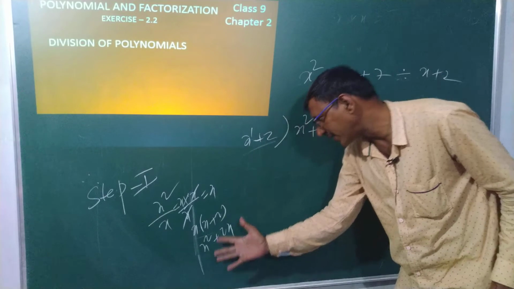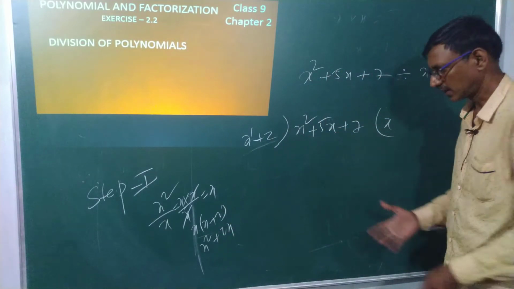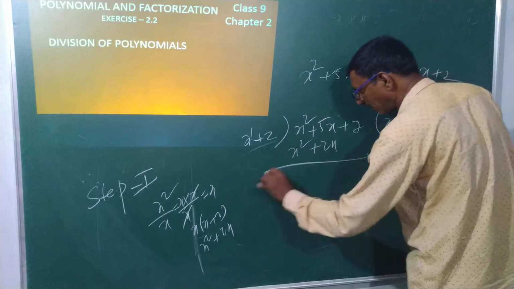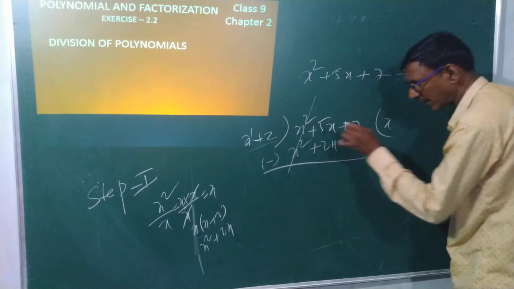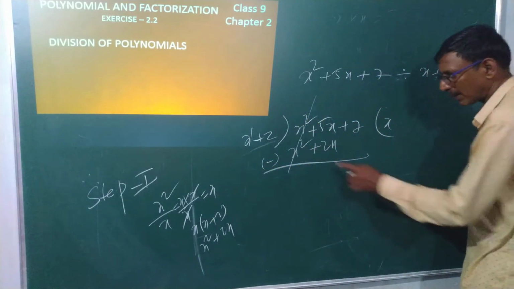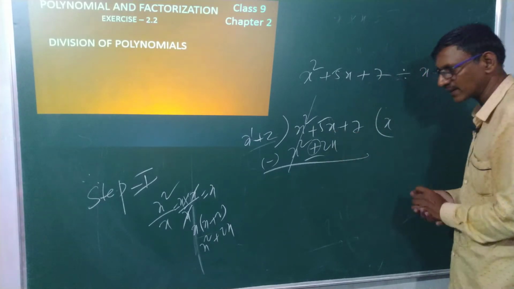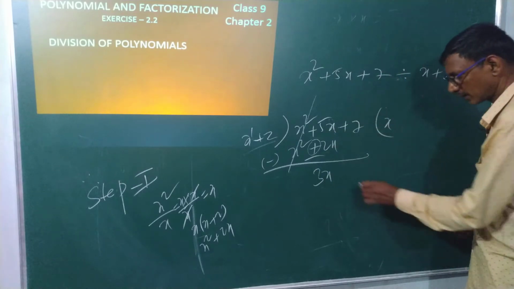This is to be taken in the quotient place. x square plus 2x. Write it down and do the subtraction. These two get cancelled. By subtraction, this becomes 5x minus 2x, that is 3x plus 7.